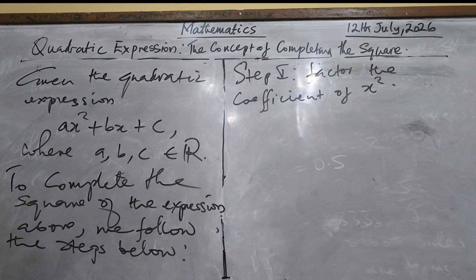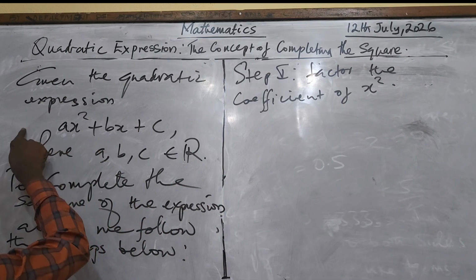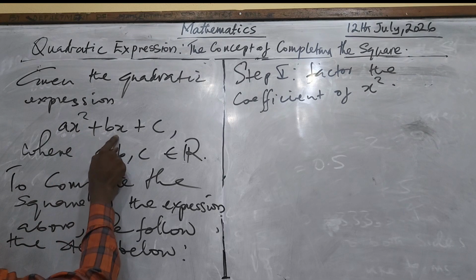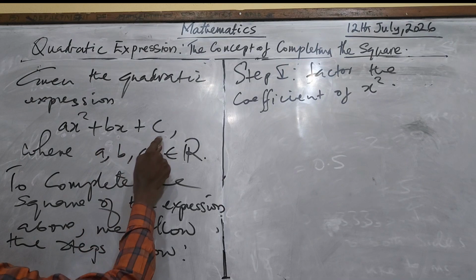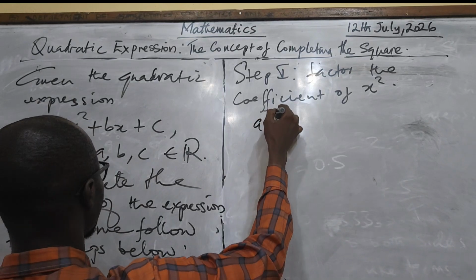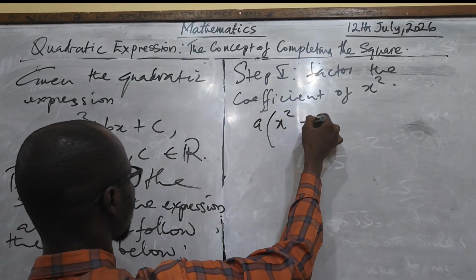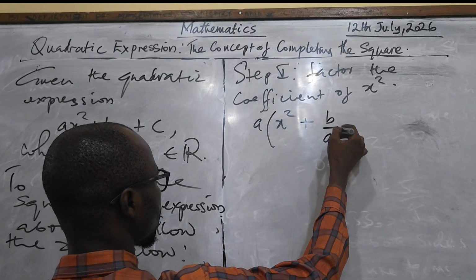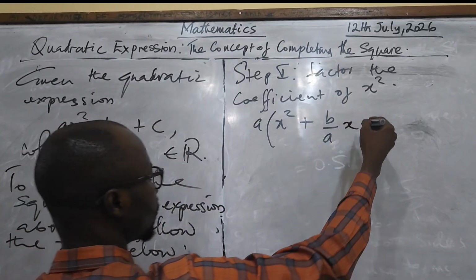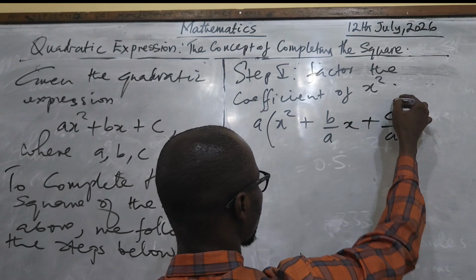Of course, we are actually supposed to factor out what is common. In this case, I'm factoring out a, but we do not have a here. So if I'm factoring out a, I have to divide here by a, and I also have to divide here by a. So we will have a, and below here I'm going to have a as the denominator, plus c all over a.